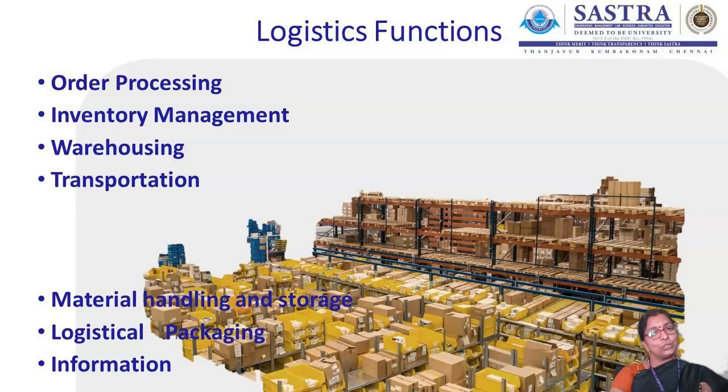So the only solution is to devise an order processing system ensuring efficiency and accuracy but with minimum investment cost. So these are all the important points which we need to keep in mind in the context of the first function under logistics, the order processing.